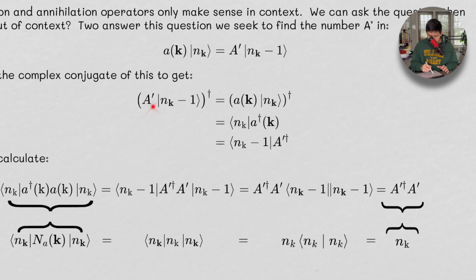First things first, we take the complex conjugate. The complex conjugate of our ket vector is our bra vector, and the complex conjugate of our a is a dagger.